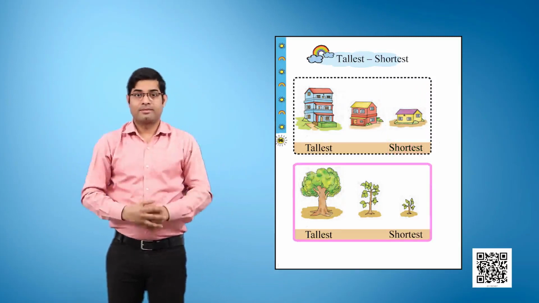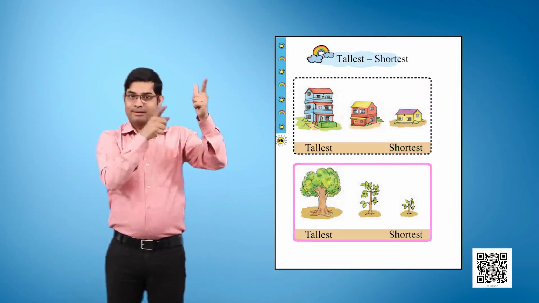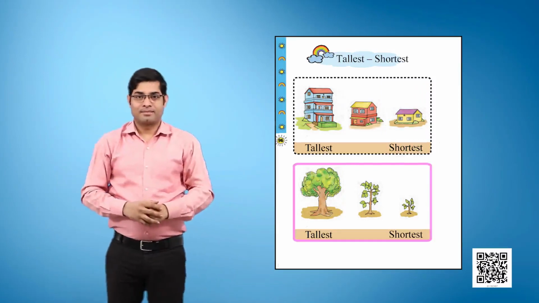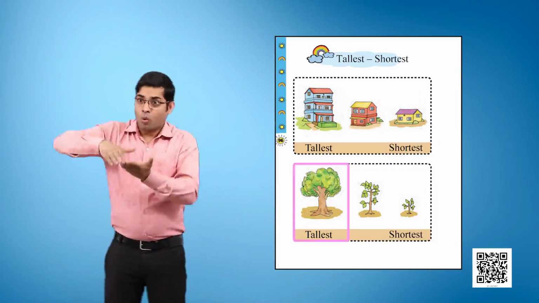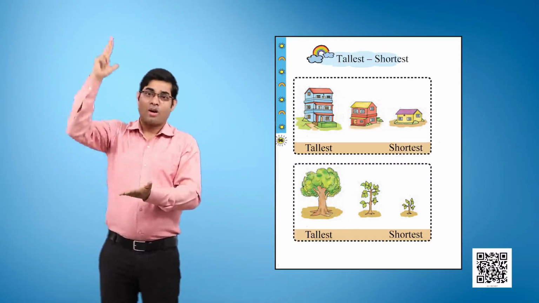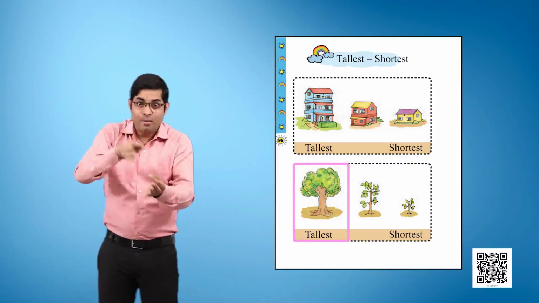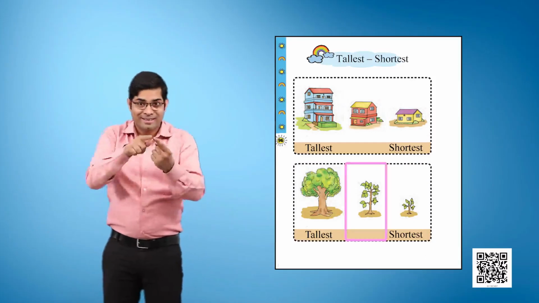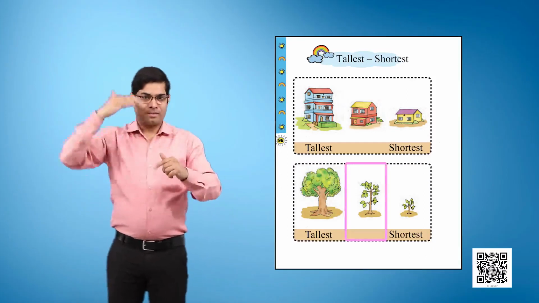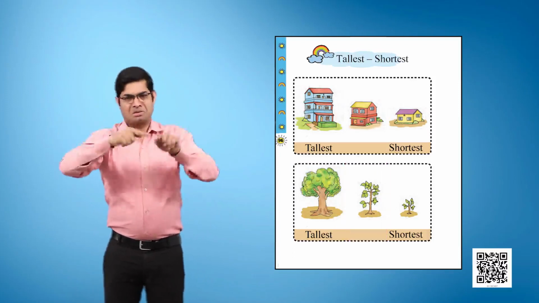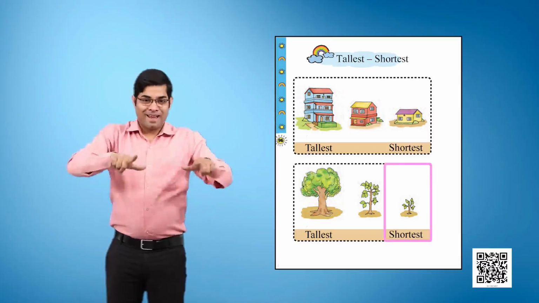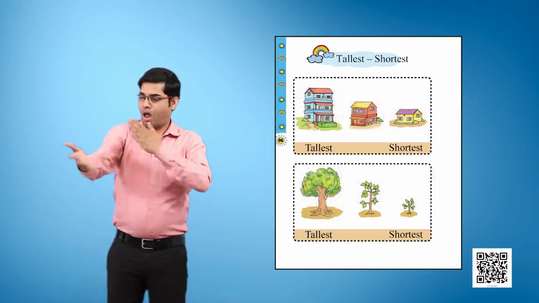Part 2. Picture shows a tree and 2 plants. Tree is much taller than you are. Plant 1 is as tall as you are, and plant 2 is as tall as your arm.